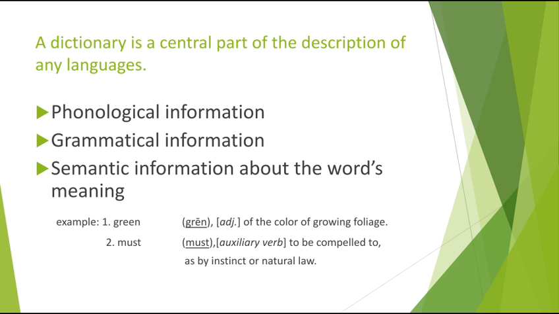Part A is the underlined phonological information, and second is the bracket. In the bracket is adj, or adjective, and then the last is the semantic information, that is, of the color of growing foliage. Number 2, must, auxiliary verb, and then to be compelled to, as by instinct or natural law.